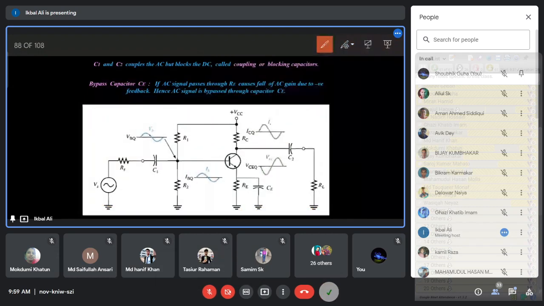So the first, initial amplifiers to boost the small incoming signal are the small signal low frequency amplifiers, like these class A amplifiers we have discussed so far. After this amplifier, the signal will be a little bit boosted, a little bit amplified, but not distorted, because it is a small signal, linear amplifier. Then you require a power amplifier to boost the AC signal to such a high level that it will be sufficient to drive the speaker.